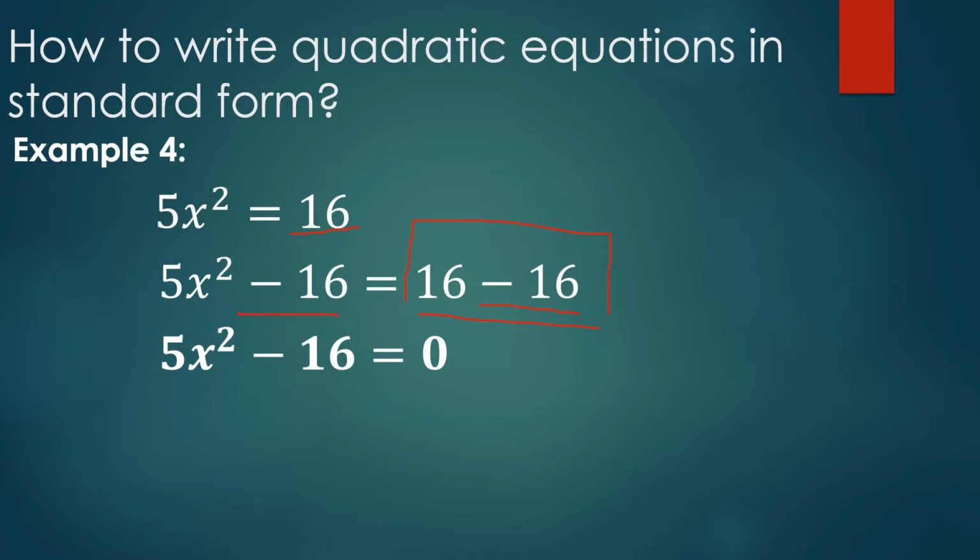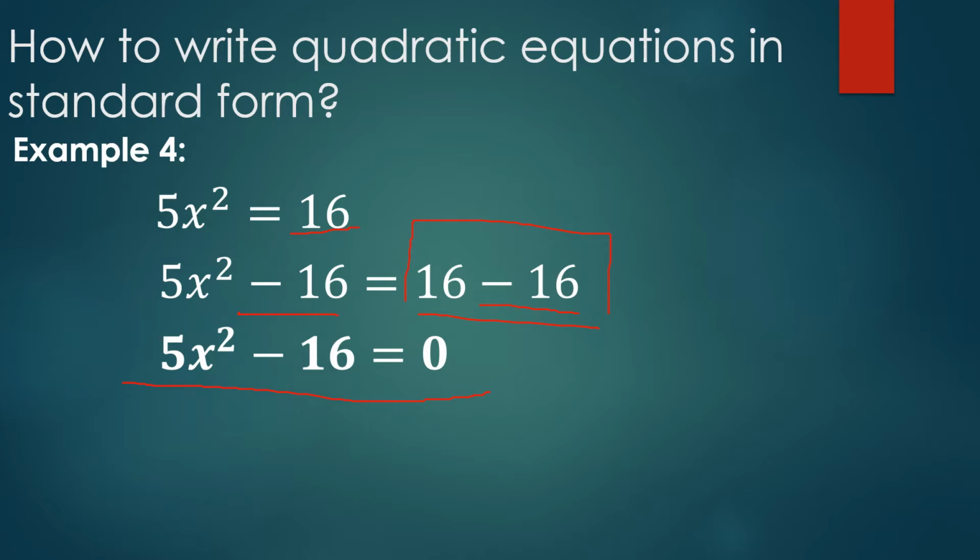And now, 5x squared minus 16 is equal to 0 is written in standard form of the quadratic equation. How about the value of your a? Is it a positive or negative number? It is a positive number. That's why no need for us to multiply the whole equation by negative 1, because the value of a is a positive number.